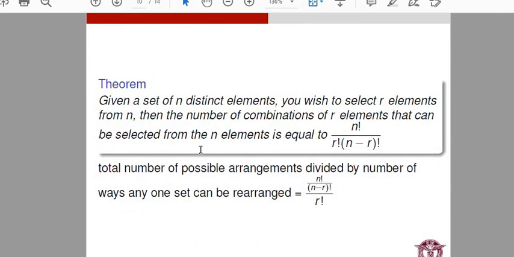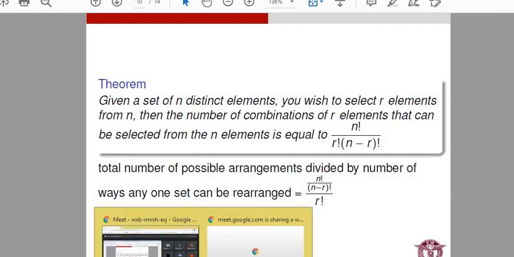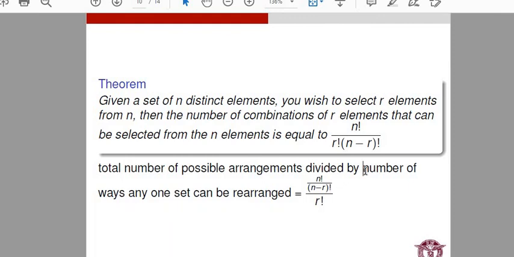So let us say the theorem: given a set of n distinct elements from which you wish to select r elements, the number of combinations of r elements that can be selected from the n-element set is equal to n factorial divided by r factorial times n minus r factorial.